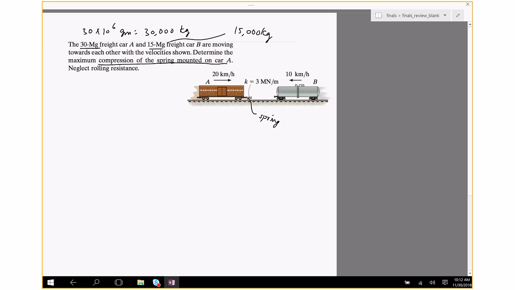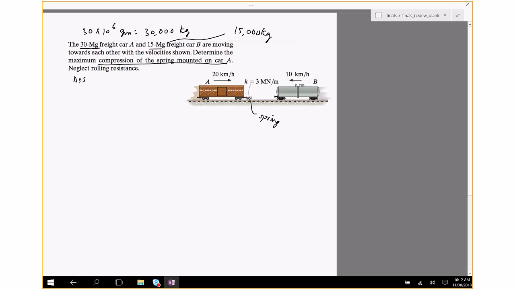Okay, so when two blocks collide, in this case we're going to assume that they stick together and move as a single unit, which is not given here.